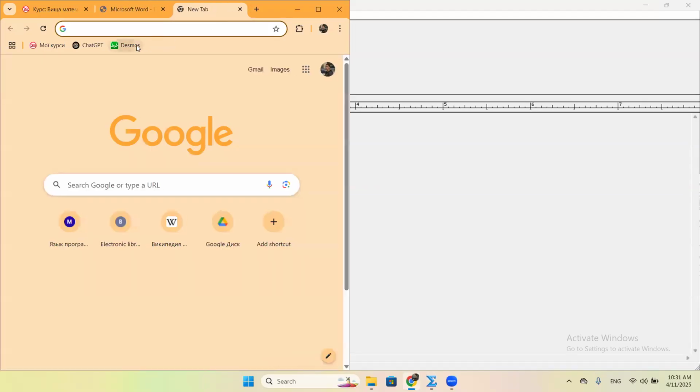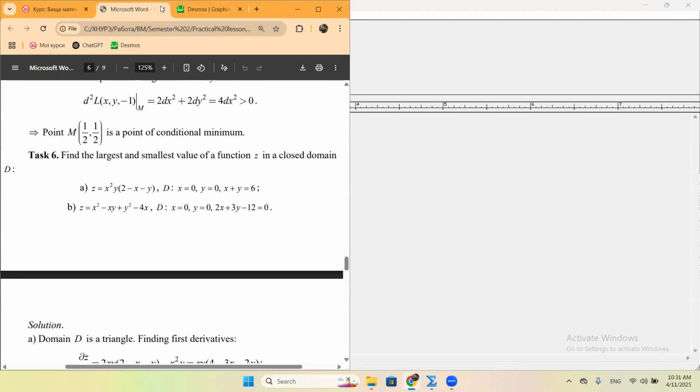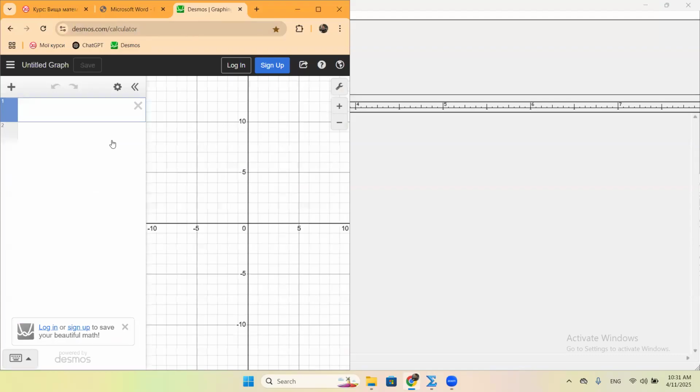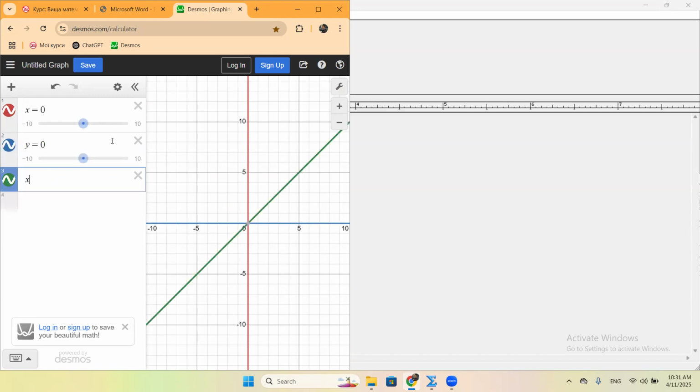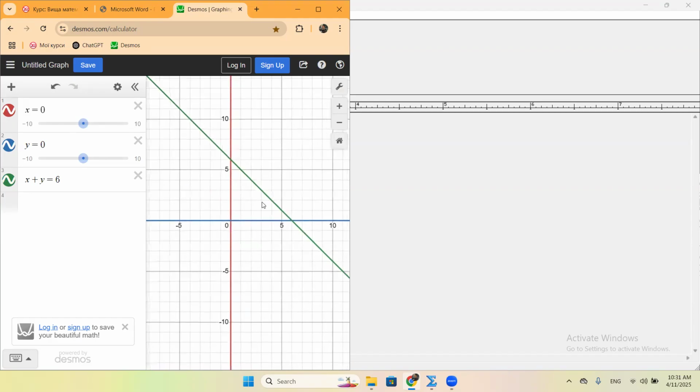If we plot this domain, we will receive such a triangle.